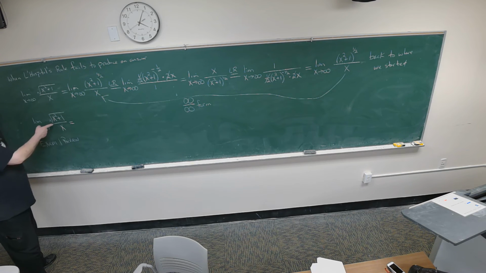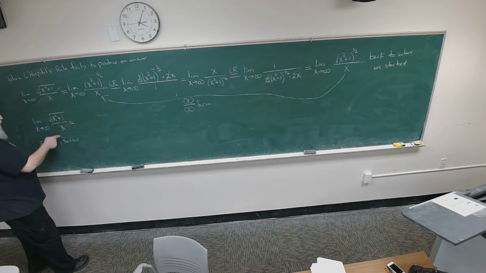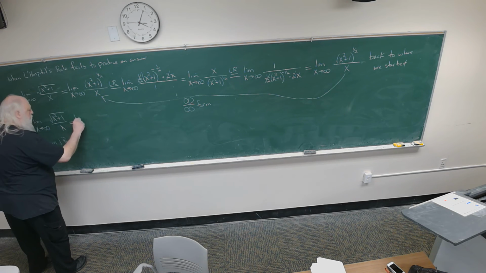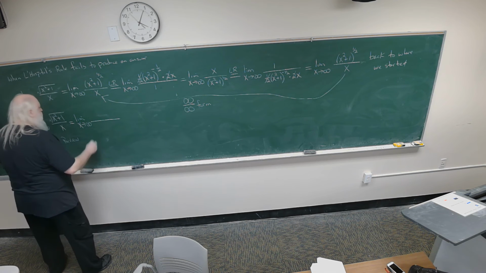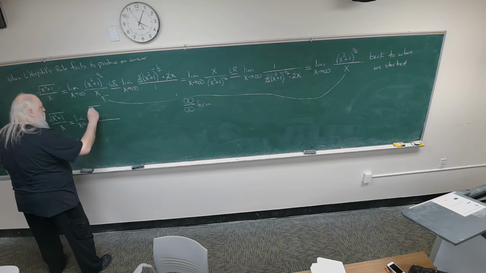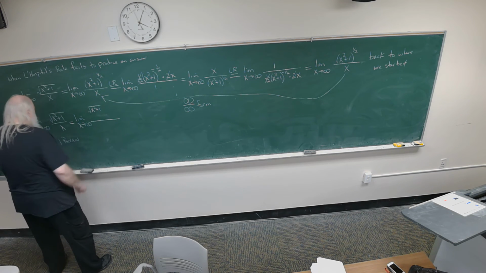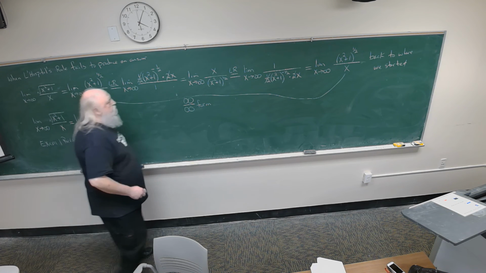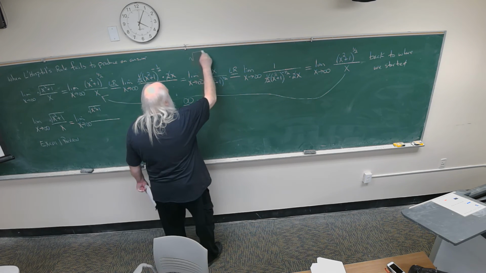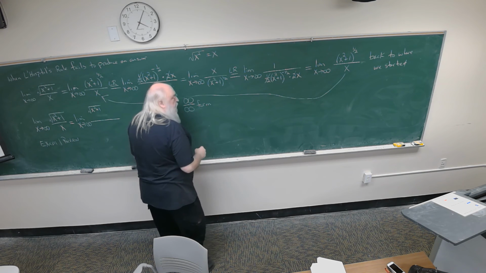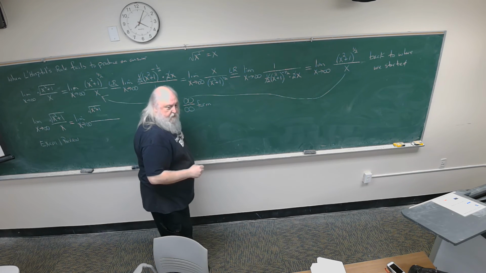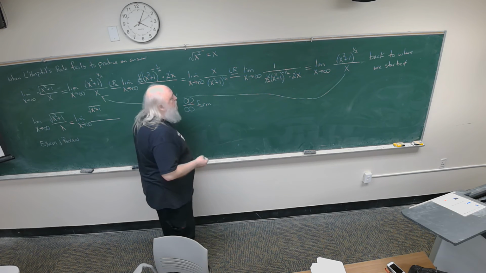We gotta do algebra, divide top and bottom, the numerator and denominator, by x. But remember, the square root of x squared is equal to x when x is positive. x is going to plus infinity.